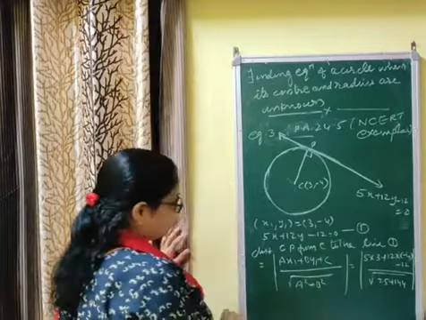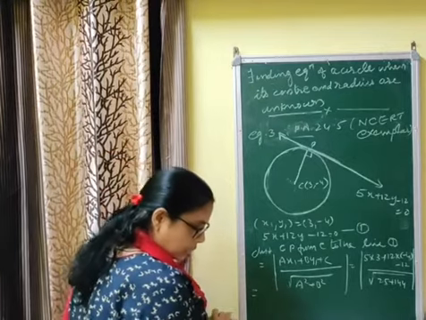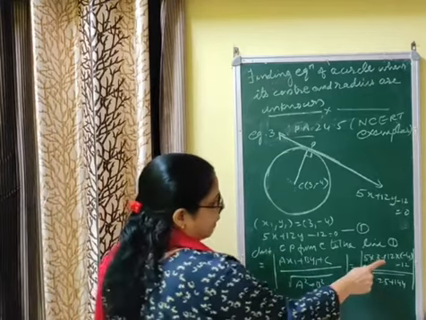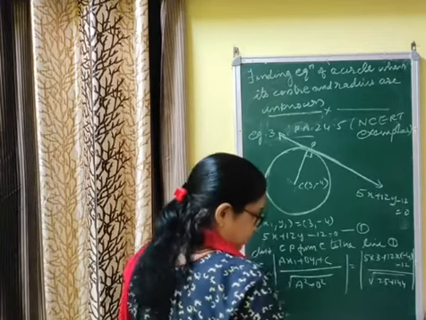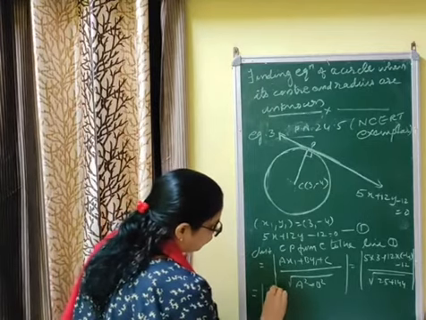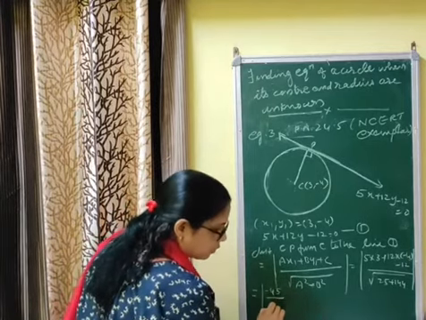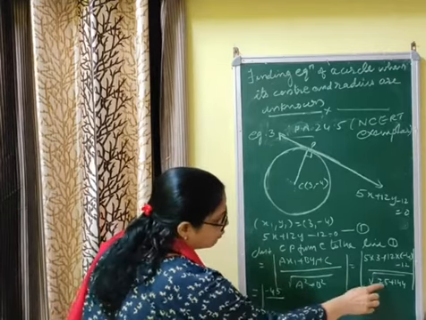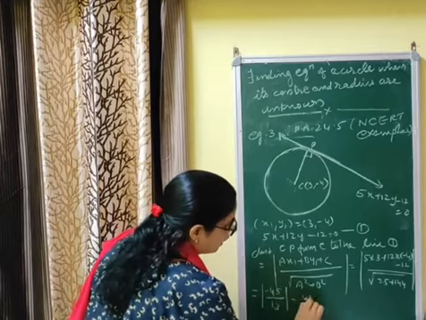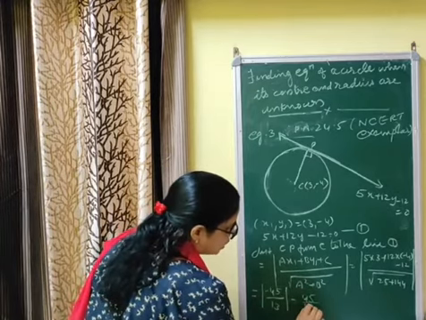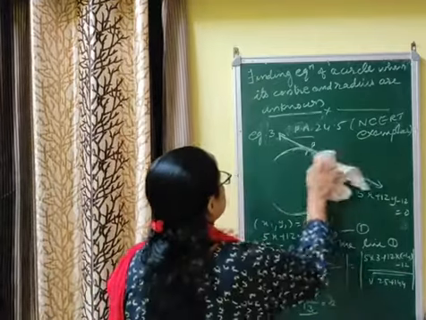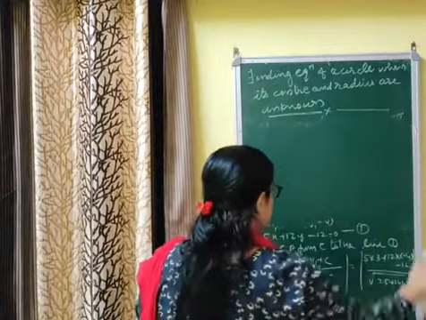Then if you solve it, you can do it by yourself: 15 minus 48 minus 12, 15 minus 60, that is mod minus 45 upon root 25 plus 144, that is root 169, that is 13. Since it is distance, you have to ignore the sign, that is 45 by 13. This is the radius.